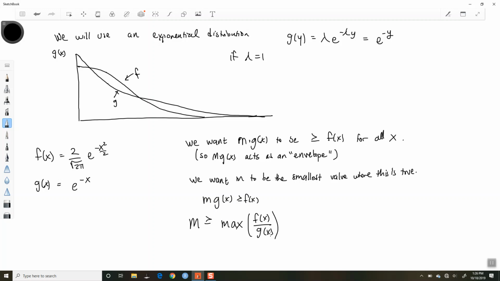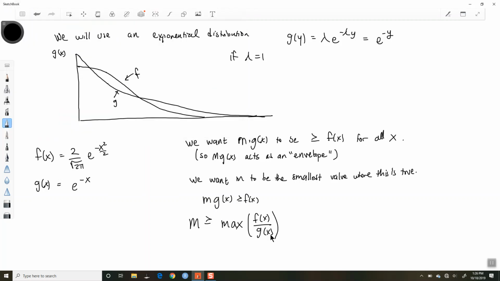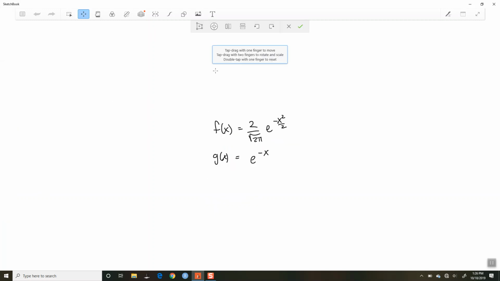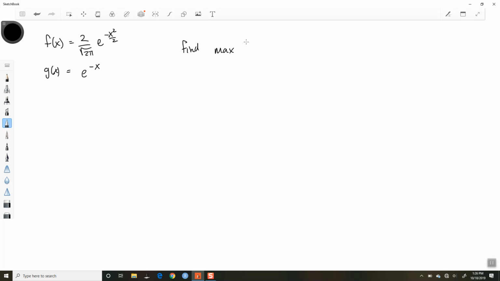Okay, so we got to do a little bit of math here. Okay, I know life is so hard. All right, so this is our folded normal distribution, this is our proposal, and we find the greatest value of f of x over g of x. Okay, so what is this?